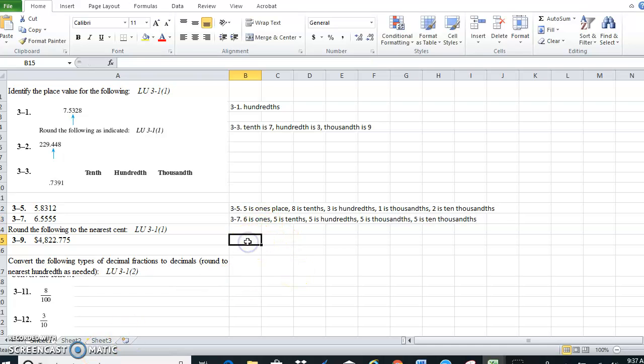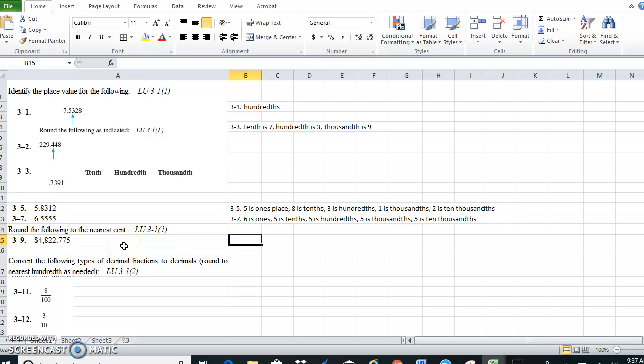Okay. Now we're supposed to round this one to the nearest cent. We can do this in a number of ways. We can painstakingly go through it and say, okay, well, 5 is greater than or equal to 5, and this 5 right here is what I'm talking about, which would make this 8.